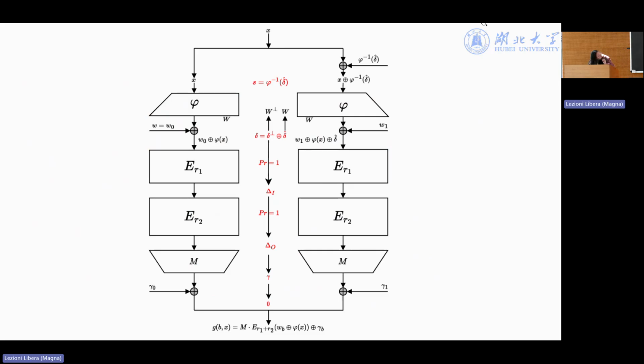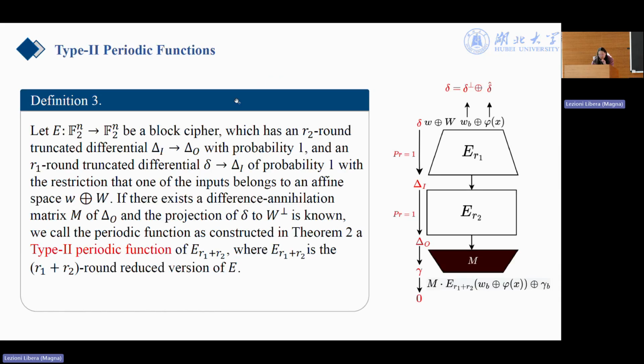These figures show theorem 2, and we can directly look at this practical function from the differential view. And we also call the practical function as constructed in theorem 2 a type 2 practical function.